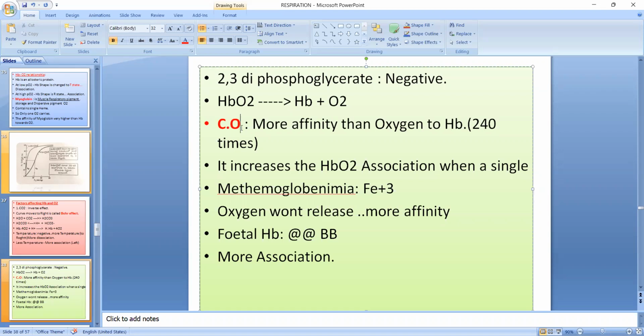So the people who are smokers, who are working in automobile industries, they tend to inhale more carbon monoxide. In such people, hemoglobins are all filled with carbon monoxide. So there is a condition called hypoxia.